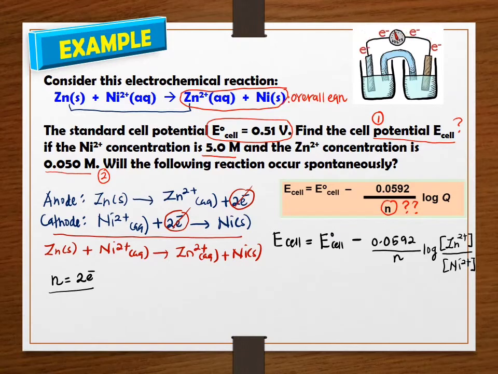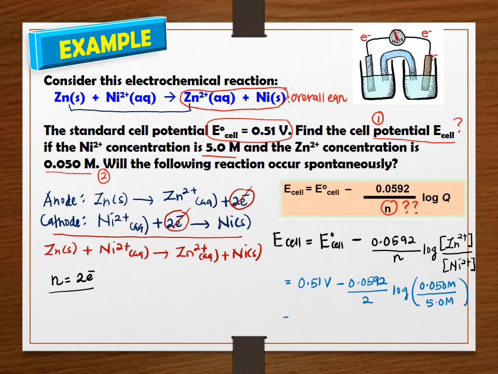And then you can substitute all the value here. So E naught cell we have 0.51 volt minus 0.0592 divide by 2 log, ini keseluruhan ya. Zn2 plus punya concentration adalah 0.050 molar divide by 5.0 molar.